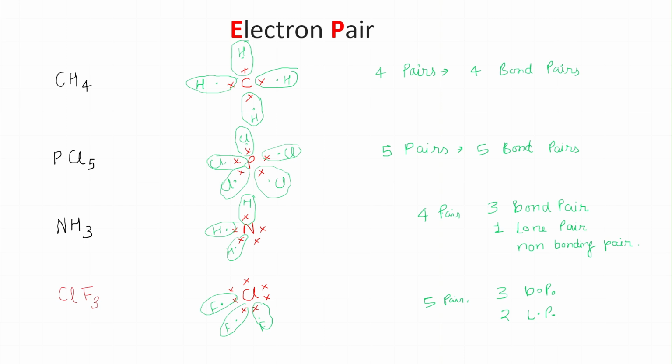So what happens when you try to bring the north poles of two magnets together? They repel, and the repulsion will happen between these pairs also, because they are all negatively charged.